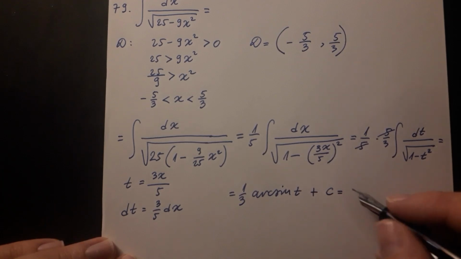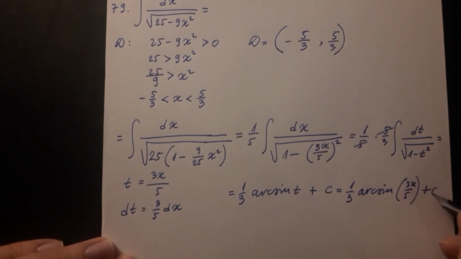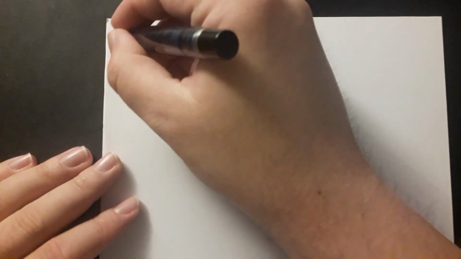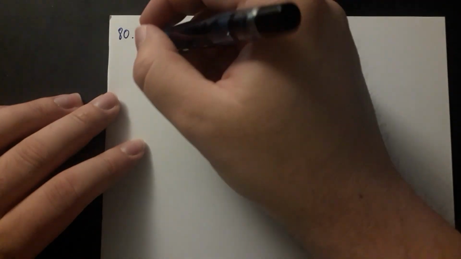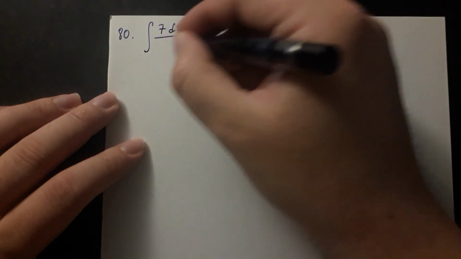And when we return into the x world, we get 1 over 3 arcsine of 3x divided by 5 plus c.